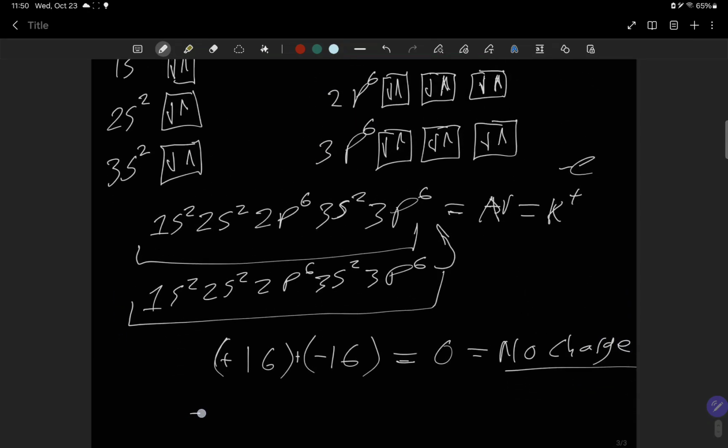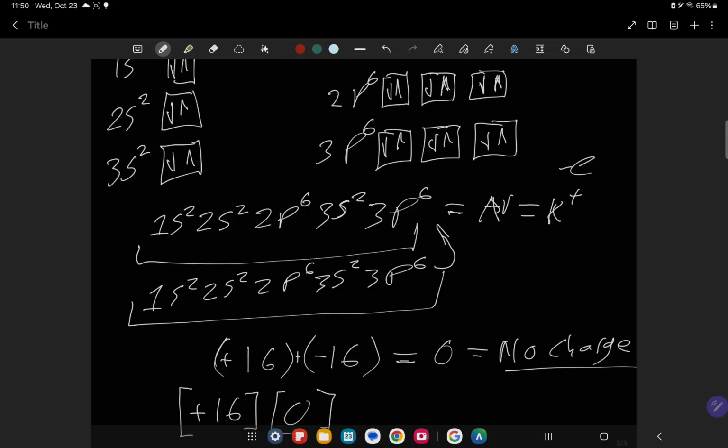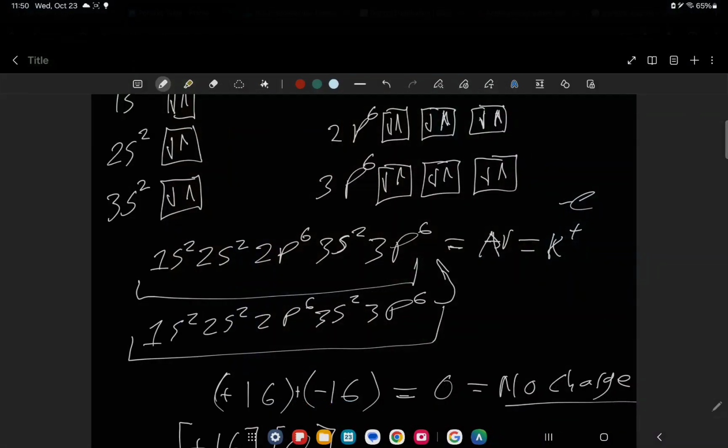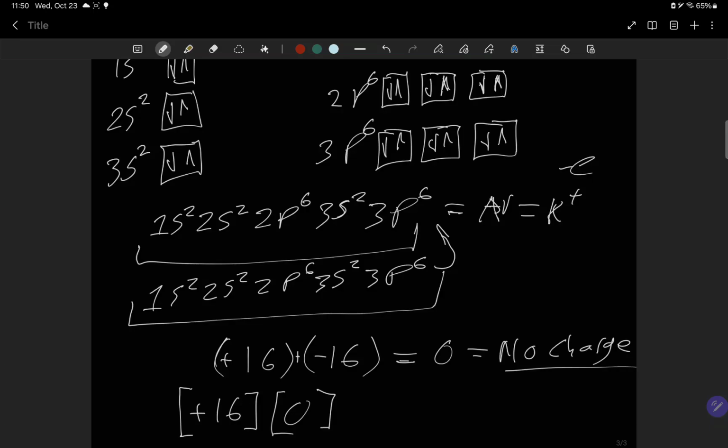Now, what if we have 16 protons? And remember, protons determine the species of the element, so it doesn't matter. I can have 0 electrons here. Element number 16 is sulfur. So no matter what, as long as there's 16 protons here, it's still sulfur. But electrons are negative.